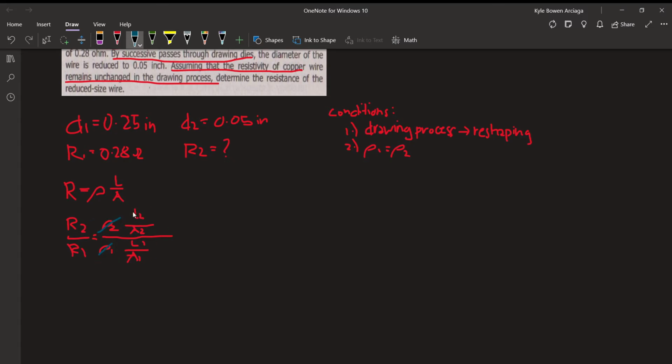However, we don't have a length, so we still cannot solve for the second value of the resistance.